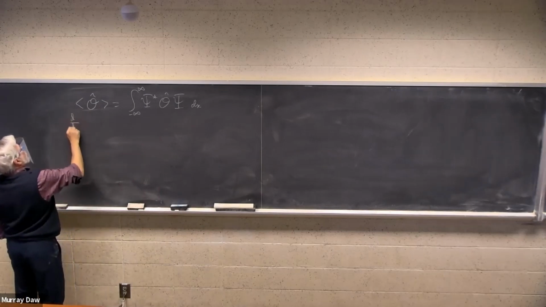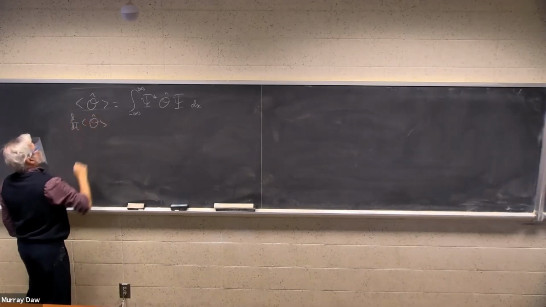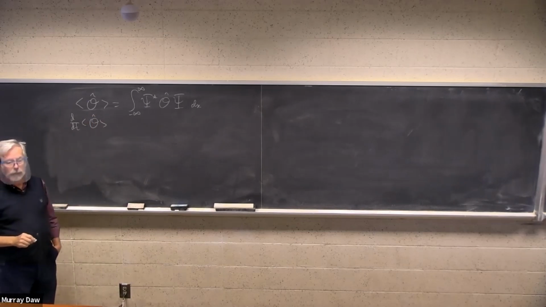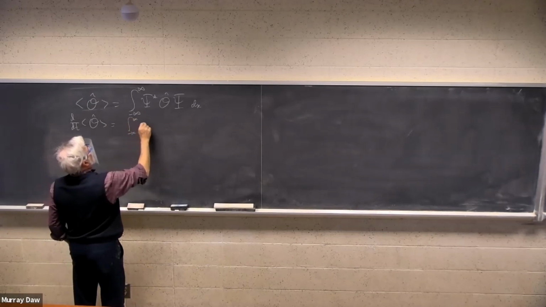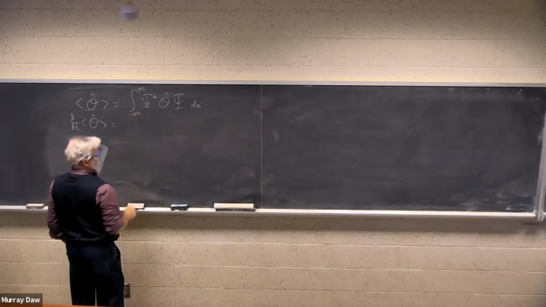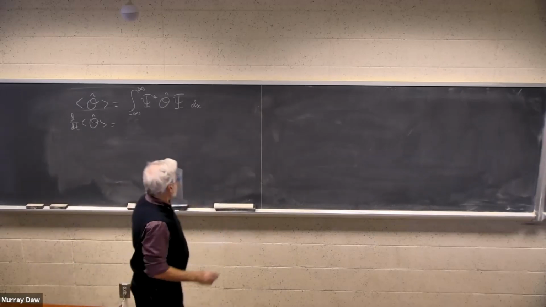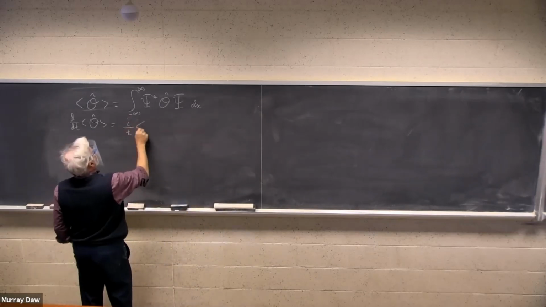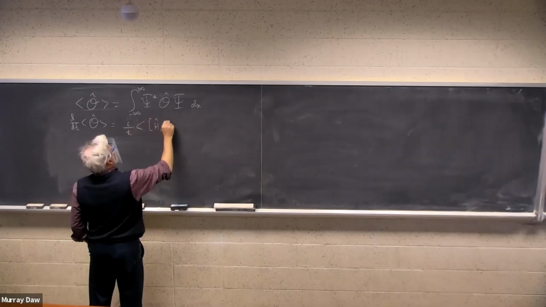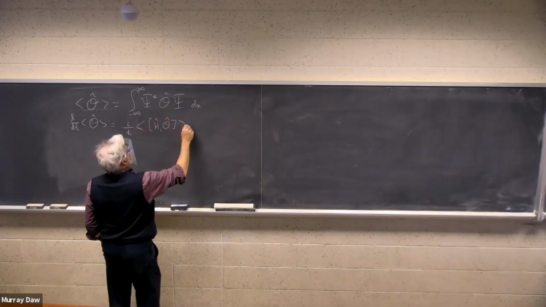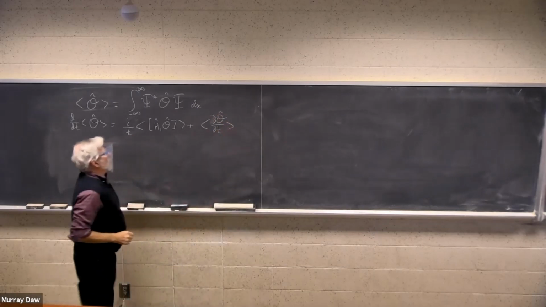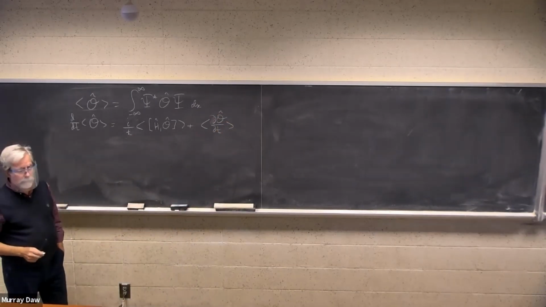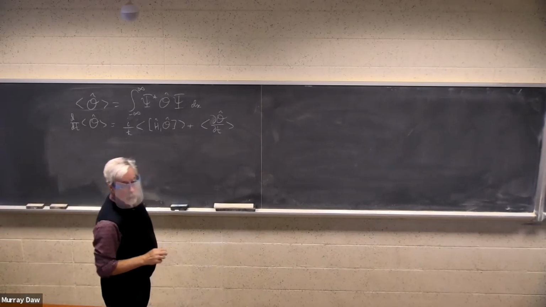And he shows the time dependence of this ensemble average can be written as a sum of two terms that look like this. And he gets this from the Schrodinger equation.